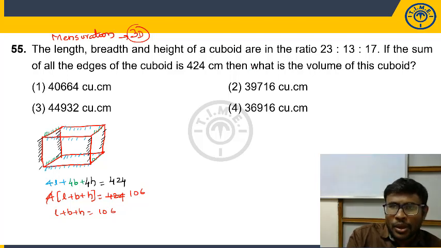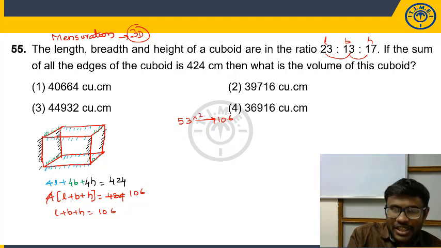Now the ratio is given as 23:13:17. So length is 23 parts, breadth is 13 parts and height is 17 parts. What is the sum of the parts? 23 plus 13 is 36, 36 plus 17 is 53. So 53 parts is given as 106.